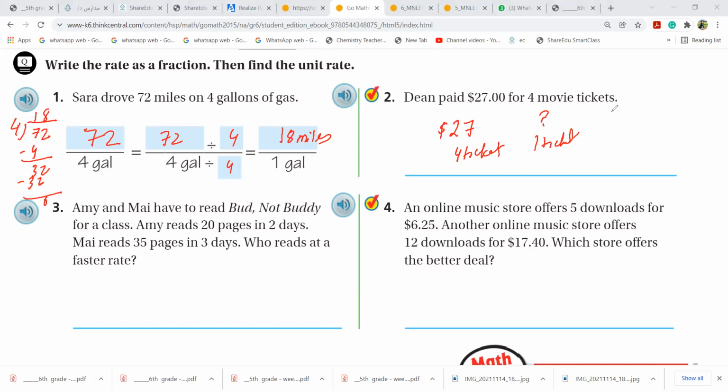Let us do 27 over 4. Around 6.75. My answer is around 6.75.